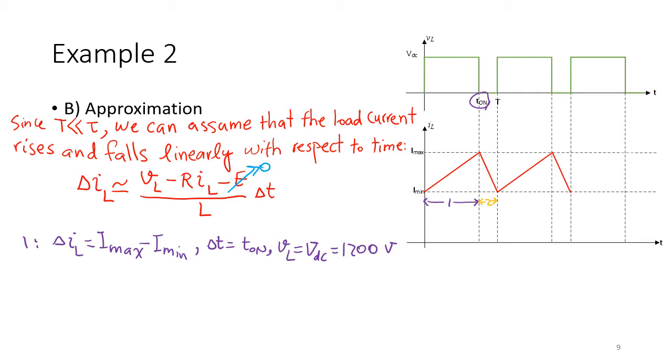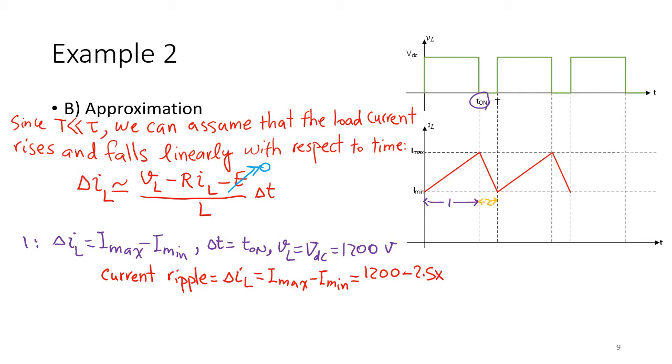Now you just simply need to replace these values in the equation. So the current ripple, delta IL, which is equal to Imax minus Imin, is equal to 1200 for the VL minus R, which was 2.5, multiplied by IL.